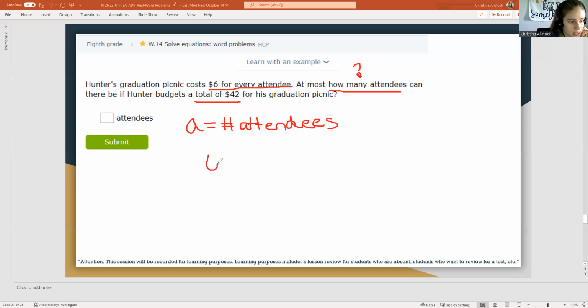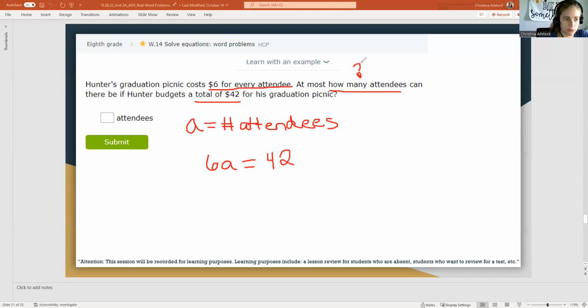So it's going to cost $6 for every person that shows up. So that's 6A. And then he's budgeting a total of $42. Well, if that's our total, it's going to be equal to 42. There we have our equation.